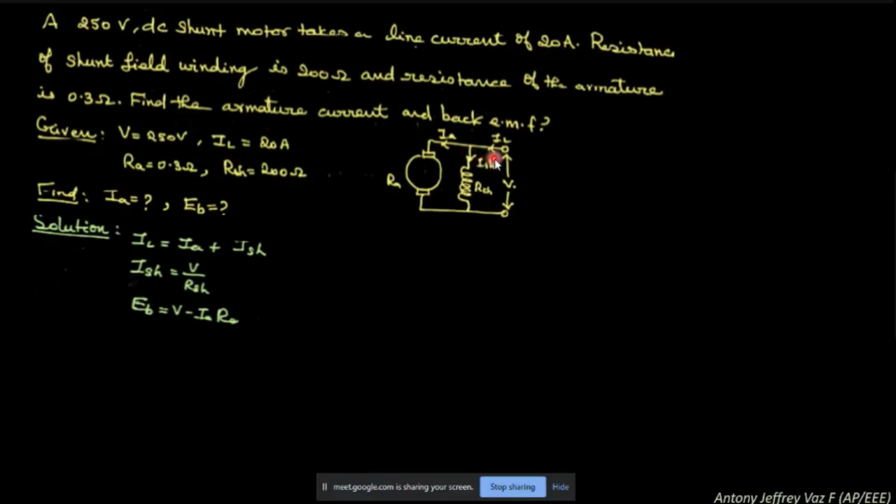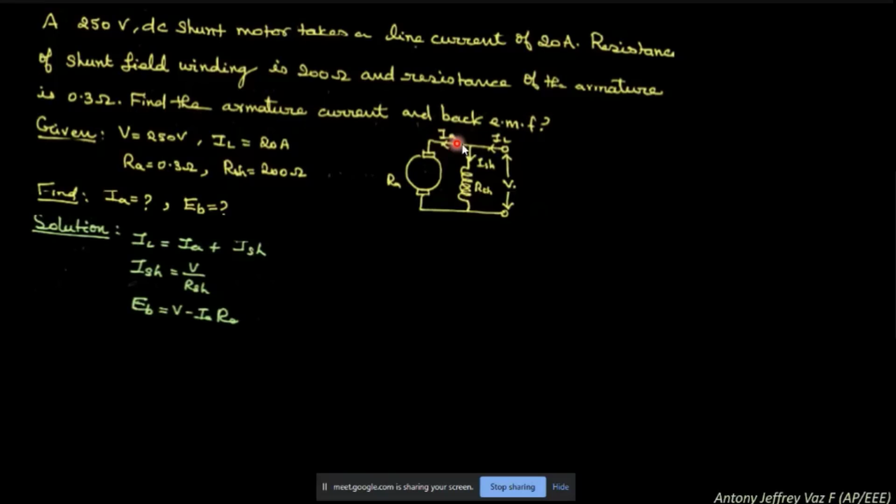So you know the load current, because it is a motor, you should supply the load current. So IL should enter here, and parts to the armature and the field. So by Ohm's law, ISH will be V by RSH.